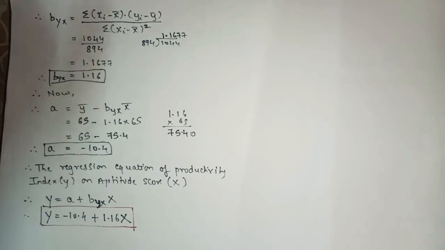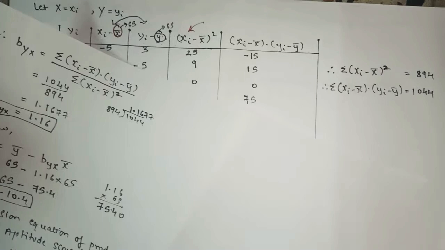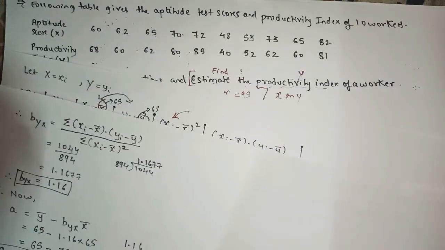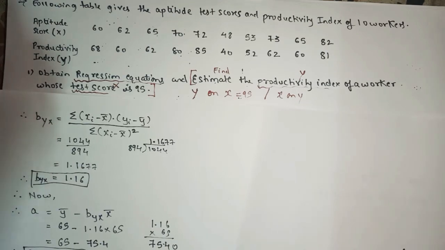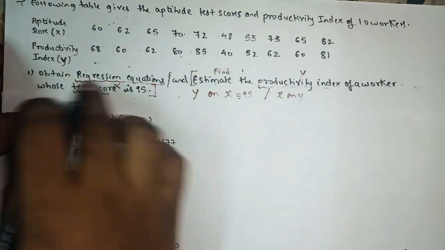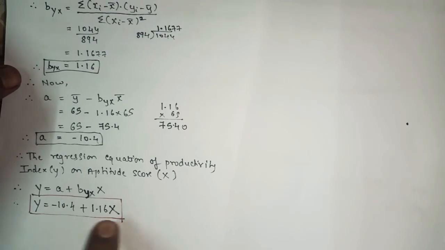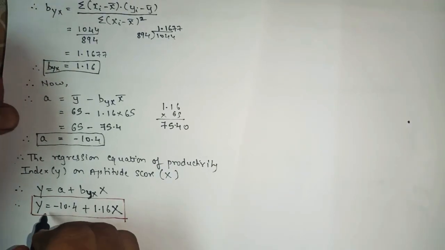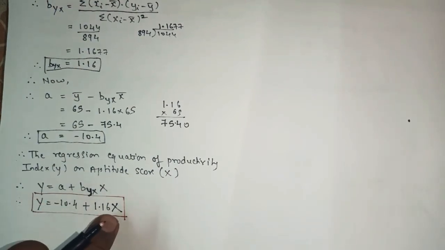When you see the question, actually we have to find two things. First, obtain the regression equation. So here we just got a regression equation. Equation means equal to is there, and the regression equation for y on x. Here we got y on x, as on the left hand side we have y and on the right hand side we have x. Yes or no?